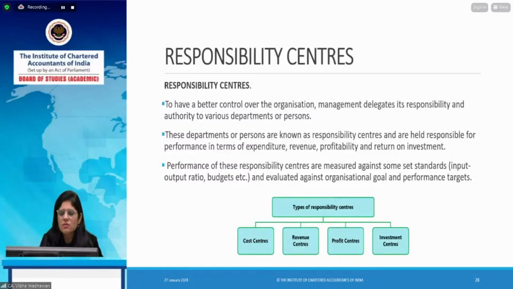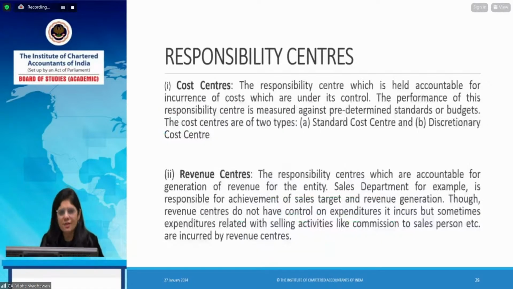So there are 4 types of responsibility centers: cost center, revenue center, profit center, and investment center. Cost centers क्या होते हैं? Cost centers होते हैं जहां पे only cost is incurred. Clear? So there are 2 types of cost centers: standard cost center and discretionary cost center.